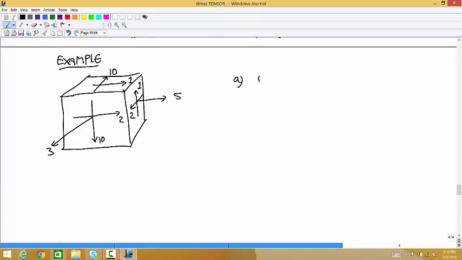Okay, so first, what's the stress tensor in a coordinate system like this, like we're used to?